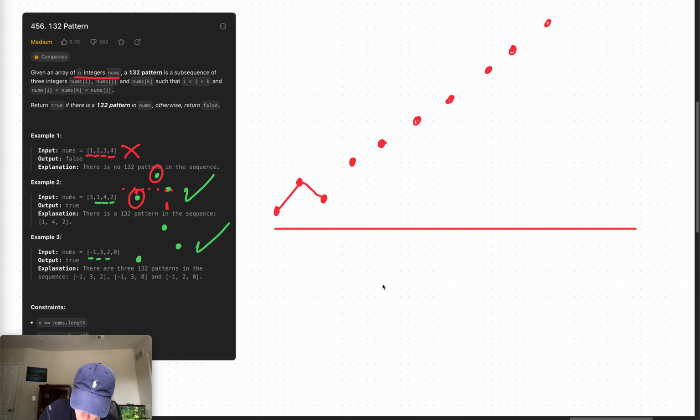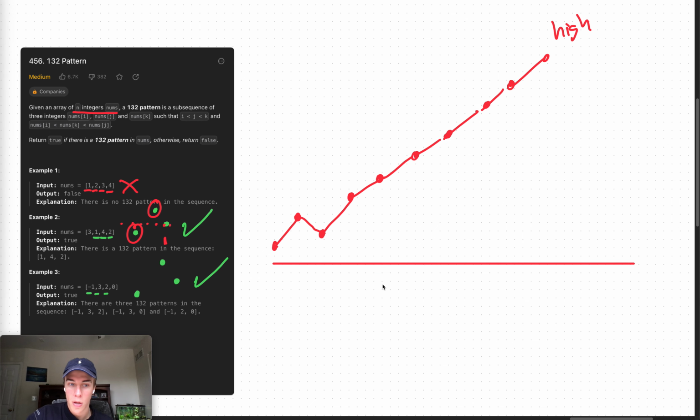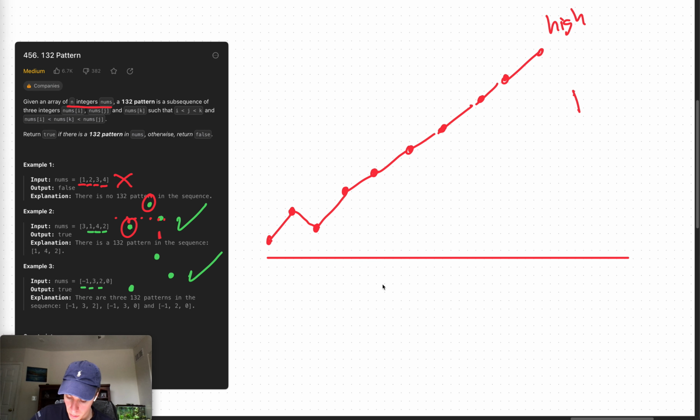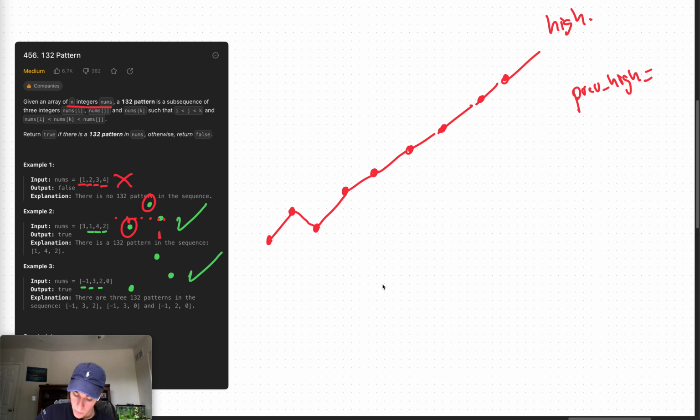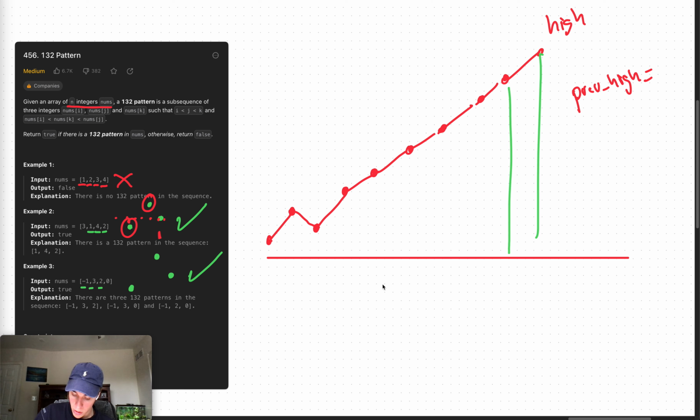Okay, so we have high set at this element. Prev high is just some insane number. And so we're moving one by one, and we still don't find anything.